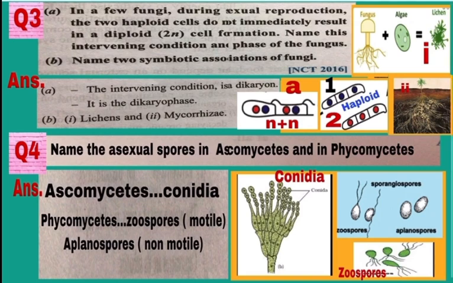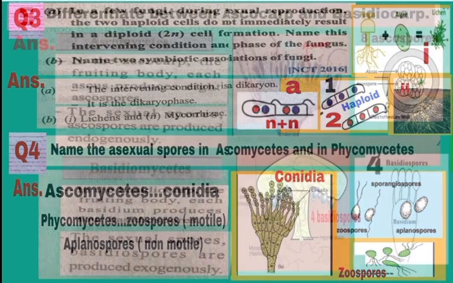And in Phycomycetes, asexual spores may be zoospores, which are motile or which show movement, and maybe aplanospore, which are non-motile or which do not have movements. So, you can see both zoospores and aplanospores in diagram.